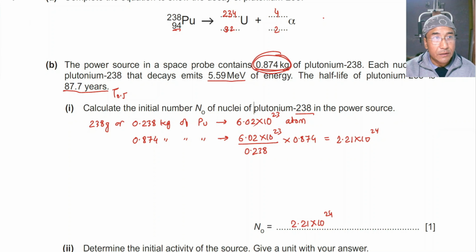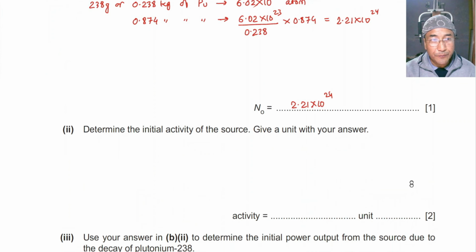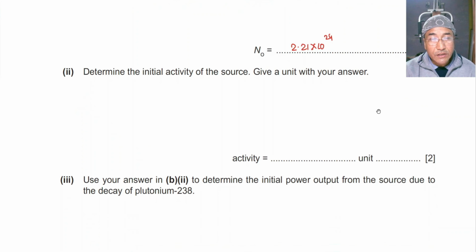Now determine the initial activity of the source. Give a unit with your answer. So this activity is equal to dN by dt initial, which is equal to lambda N naught.